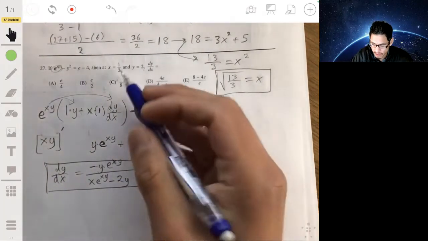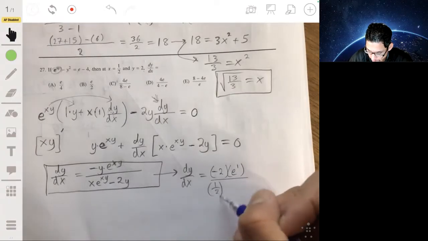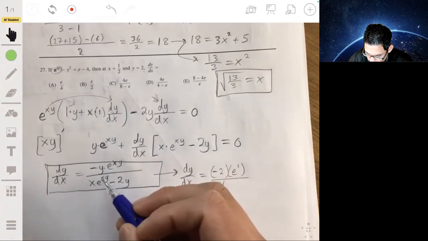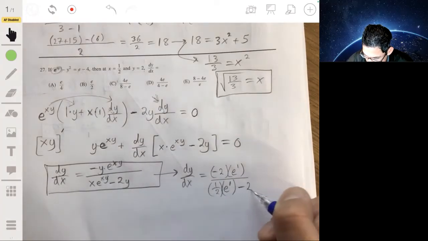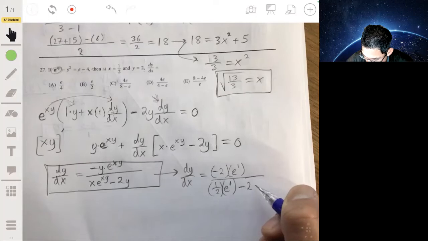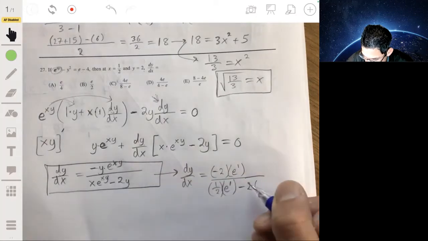X is 1/2, so we have 1/2 times e to the 1 again. X is 1/2, y is 2, so e to the 1 minus 2 times 2.